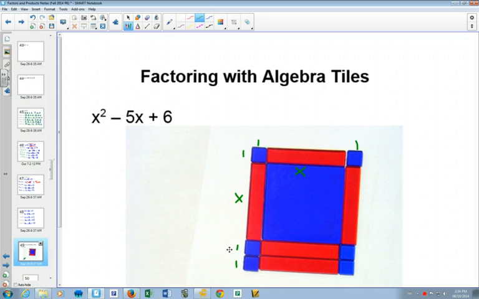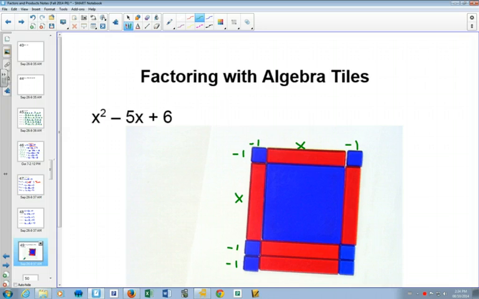You agree that this length here would be x as well? So when I have this red x tile here, either the 1 has to be negative or the x has to be negative. We're going to make our 1s negative.